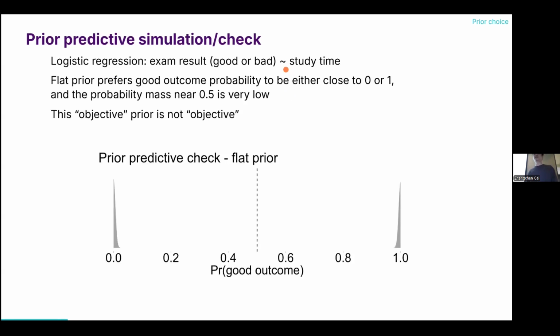But surprisingly, if you use this flat prior, what you end up with is your probability of good outcome prefers either 0 or 1, and nothing in between. And so this prior is not as objective as you think.